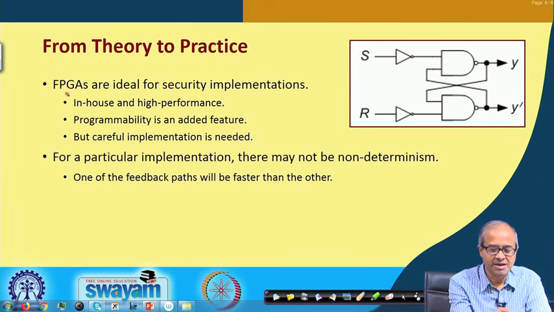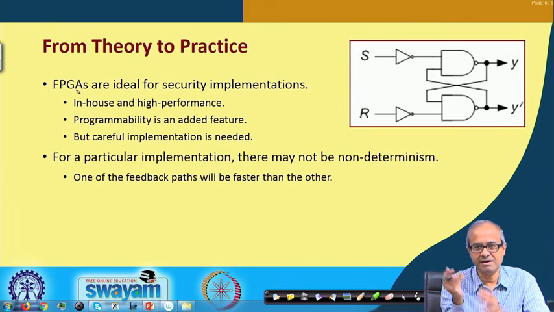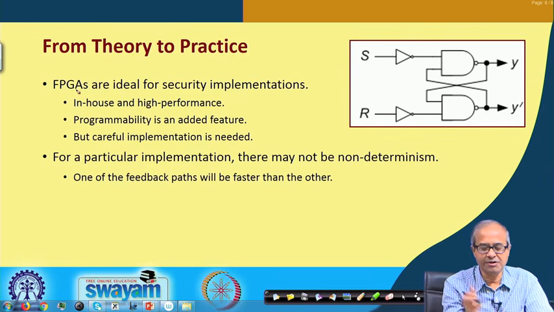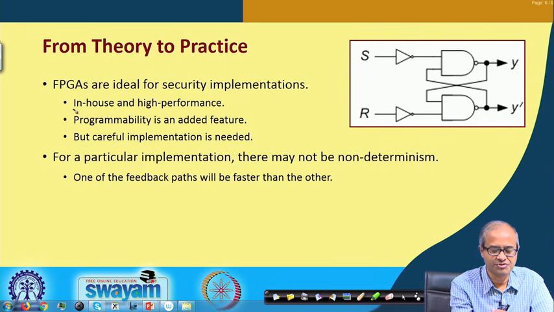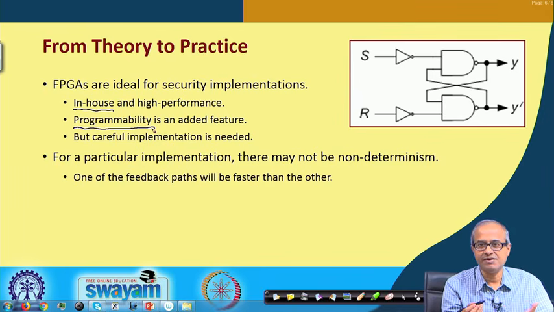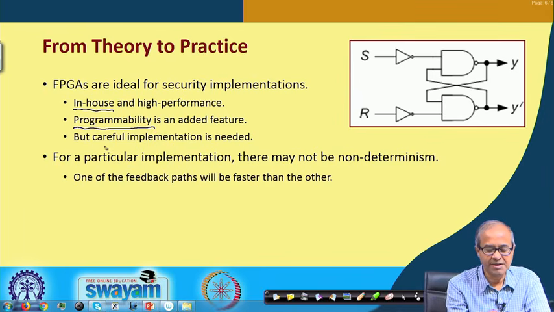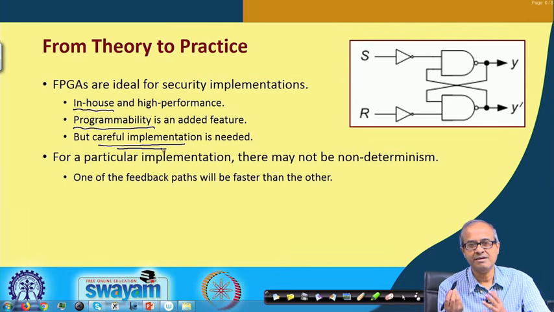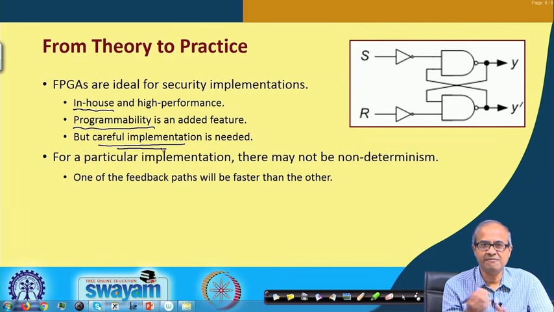The advantage of an FPGA is obvious. You can create a design and burn it on an FPGA in your lab in house. You can program it and change the design whenever you want, but you need to implement it carefully when the implementation of a PUF is required.